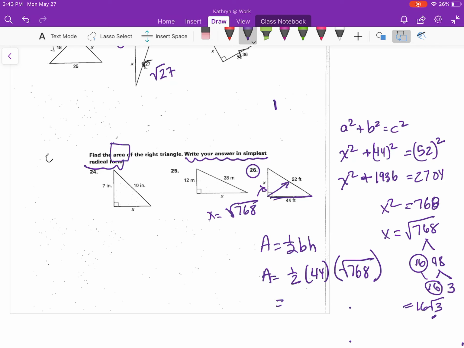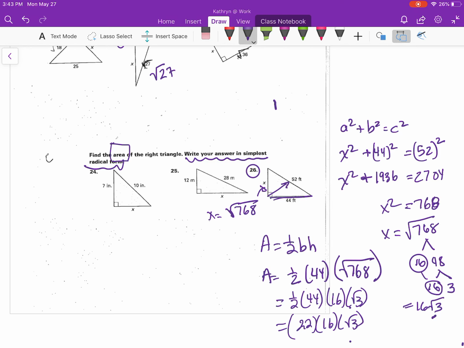So let's rewrite this again: 1/2 times 44 times 16 times the square root of 3. 1/2 of 44 is 22. 22 times 16 times the square root of 3.